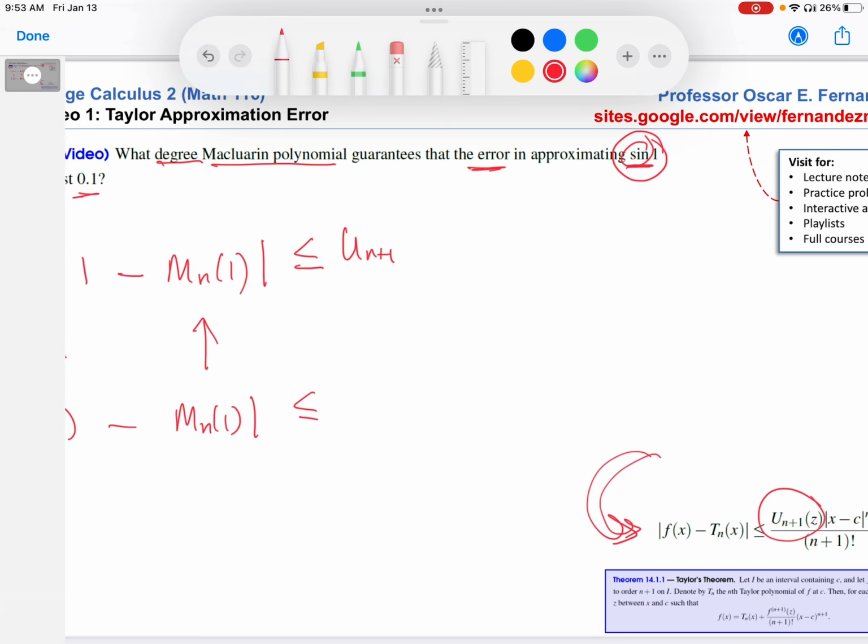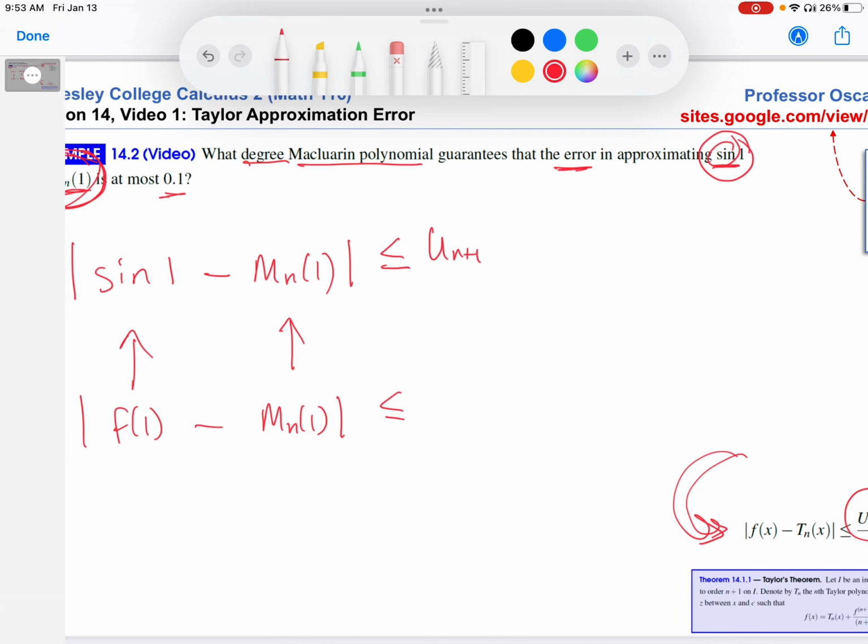Remember that was the maximum of that n plus 1 derivative, divided by n plus 1 factorial, times the absolute value of, I'm just rewriting down here, x minus c to the n plus 1. We know x and we know c.